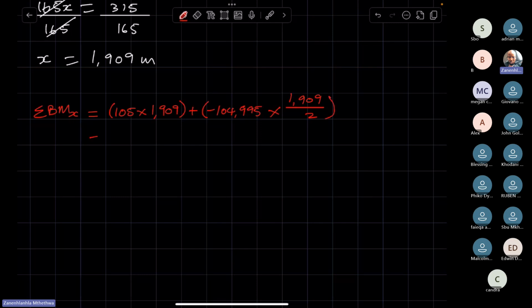Right, and this should give us the bending moment at that x. So it's 105 times 1.909 plus the negative 104.995 times 1.909 divided by 2. And here I am getting positive 100.227 kilonewton meters.